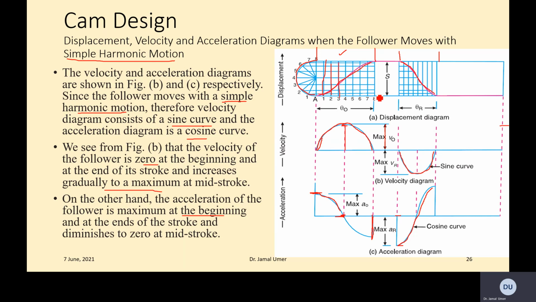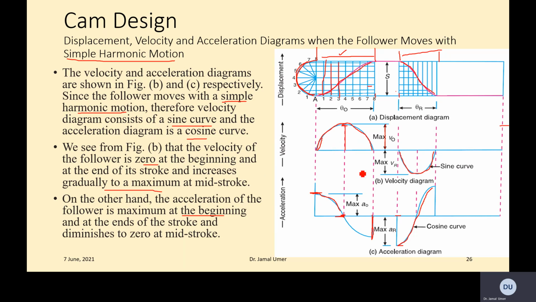Here it's been divided in 8. Same goes here, the return is divided in 8 as well. Of course, the spacing would be different because this distance is larger and this distance is smaller, but you divide in 8 equal parts, so you have smaller boxes here. The sinusoidal curve for the displacement, the simple harmonic motion curve, is also split in the same way in 8 equal parts.